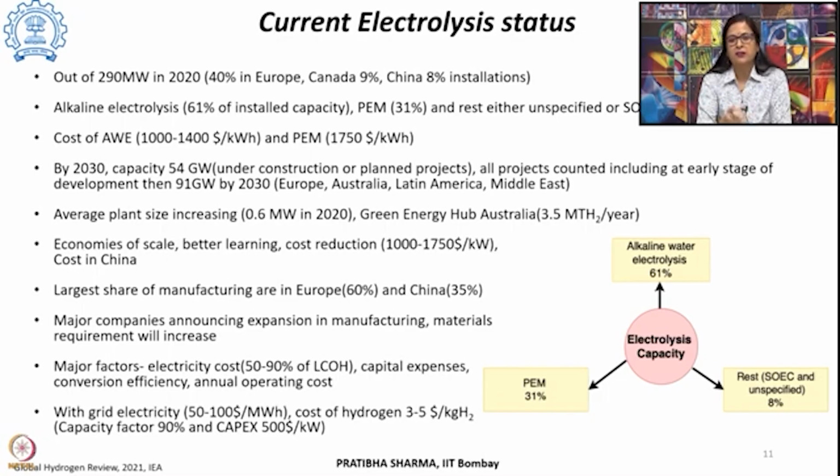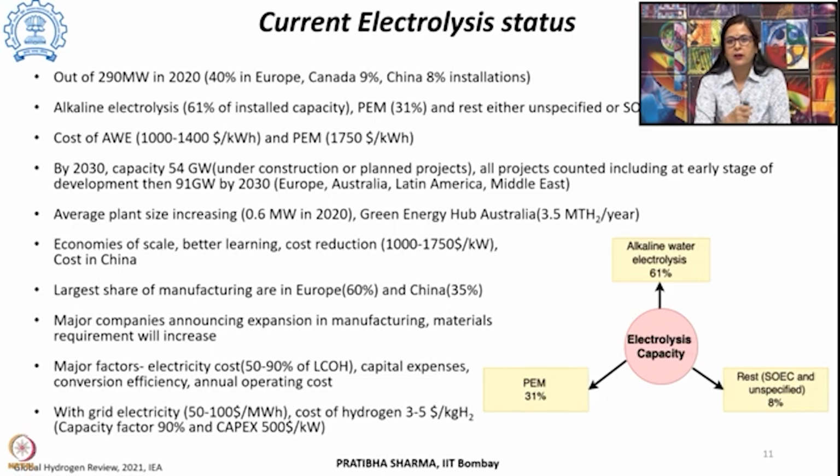Now, the major factors which contribute towards the total cost include the electricity cost, which is the major component, 50 to 90% of the levelized cost of hydrogen, the capital expenses, conversion efficiency, and the annual operating cost.